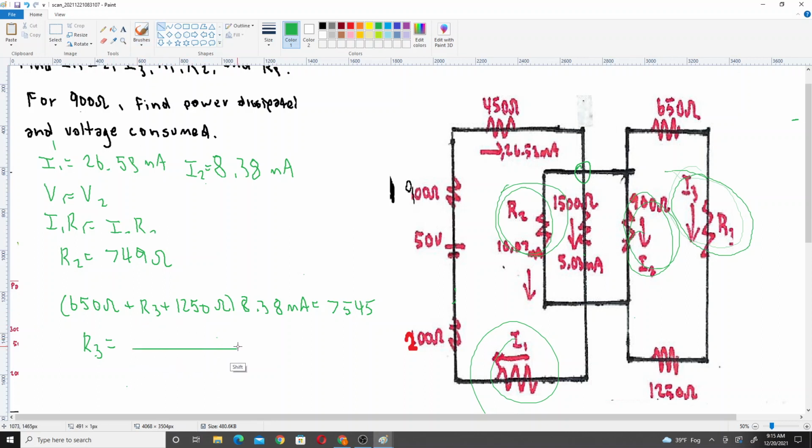We're going to have 7,545 up here over 8.38 milliamps, minus 650, minus 1250. So we get R3 is equal to 1,000 ohms.